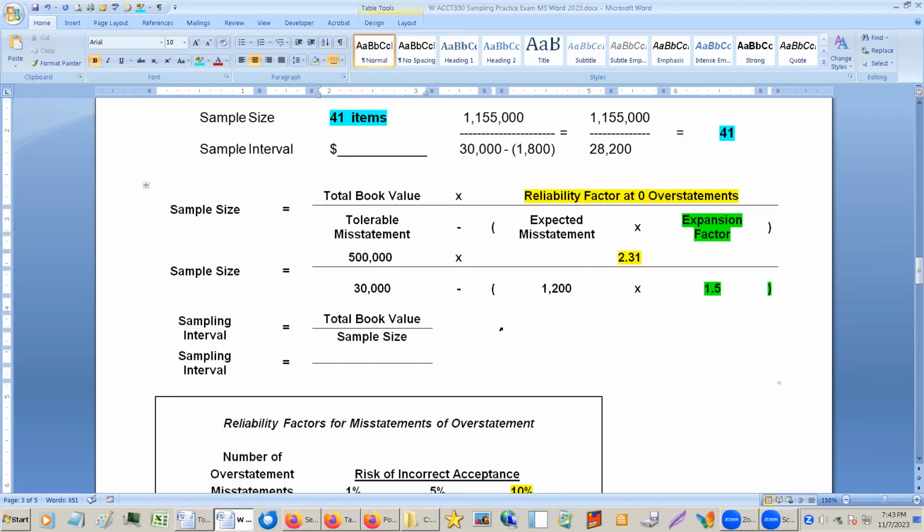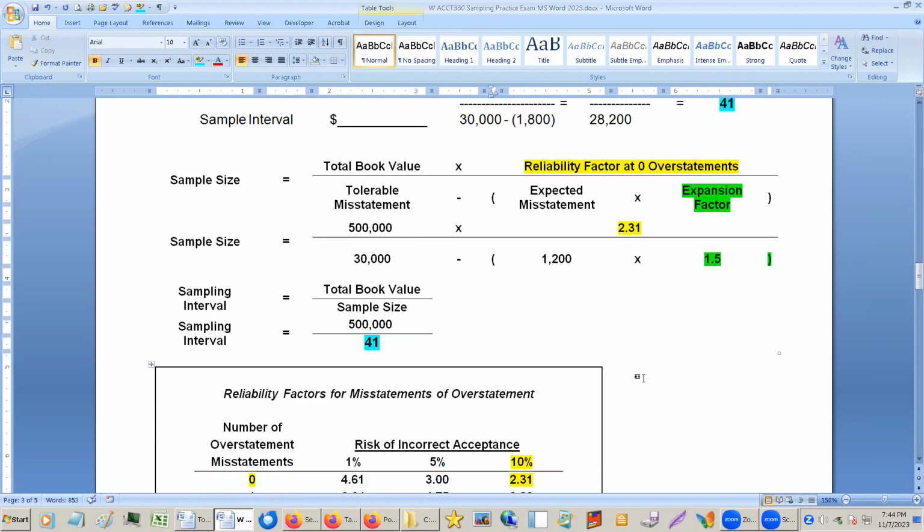Now we have to get the sampling interval. That's just 500,000 divided by 41. I'm not sure why I did it the way I did here, but okay, so 500,000.